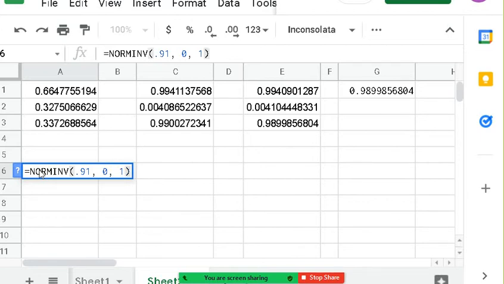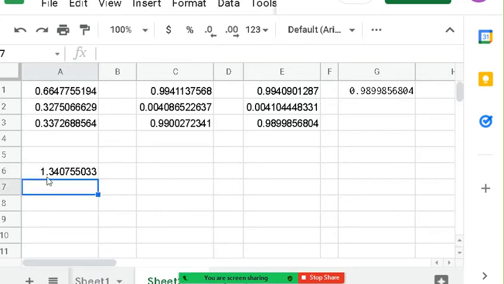So norm inverse of 0.91, comma 0, comma 1. So from that, I get 1.3408. So equals norm inverse of 0.91, comma 0, comma 1.